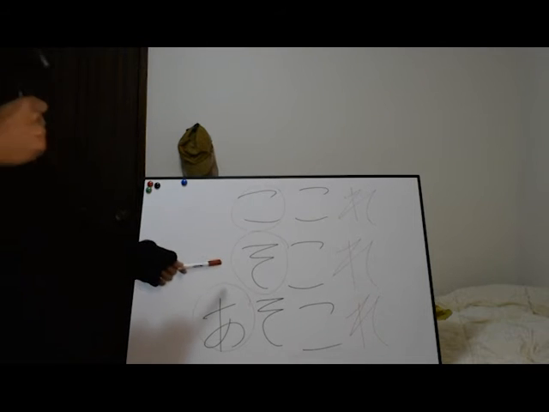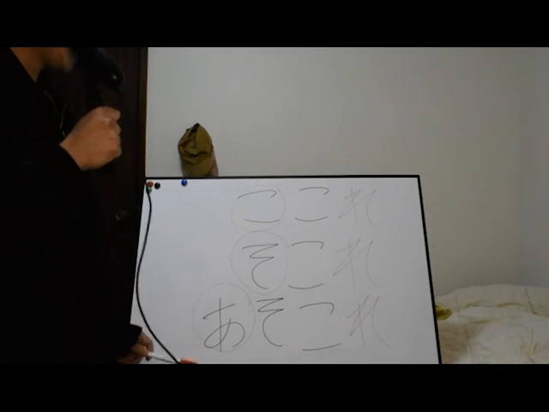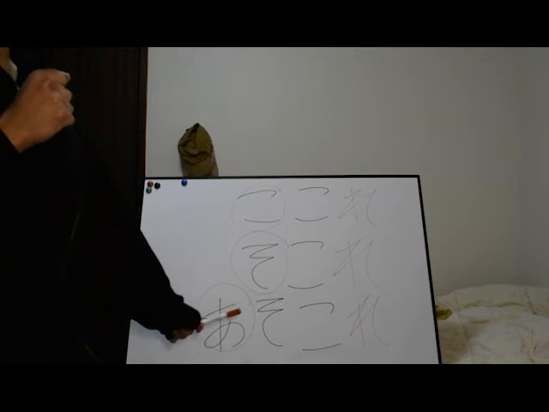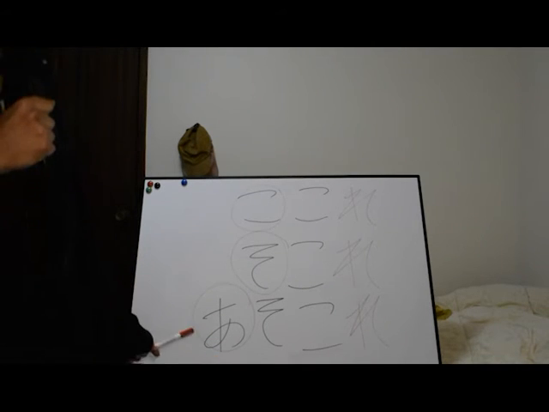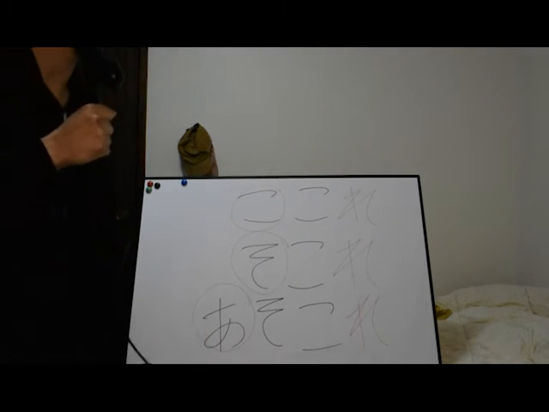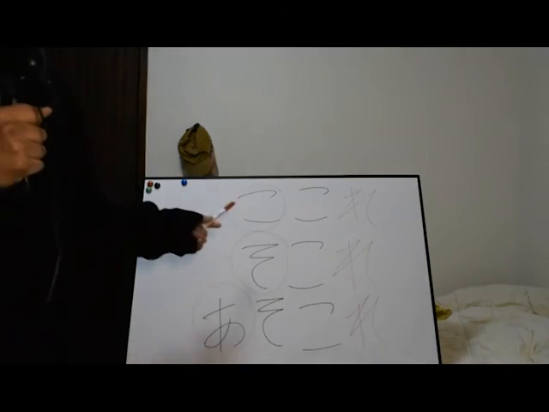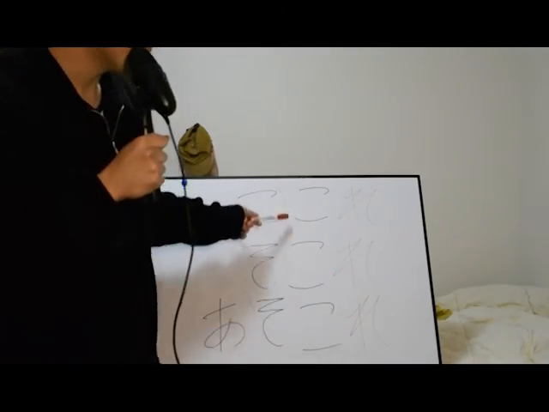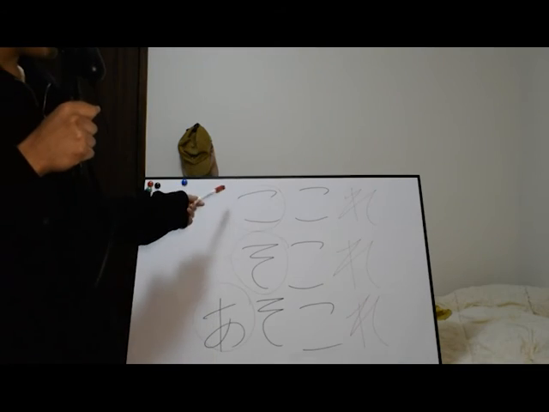And you can say you are soko, you are there. And then you can say they are asoko, they are over there. It's quite straightforward, yeah? So you just replace re with ko to make it here, there, over there.